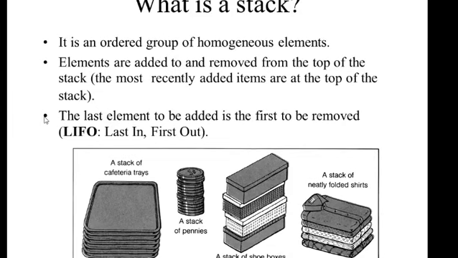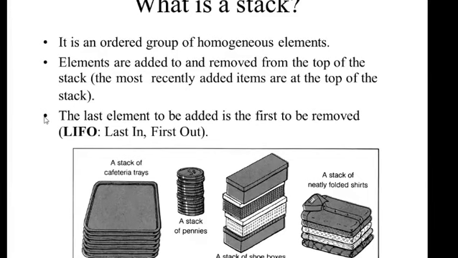So here you can see that we are using only one side of the container for placing them, and we are also removing all the objects or things which we placed on that container by using only one end.